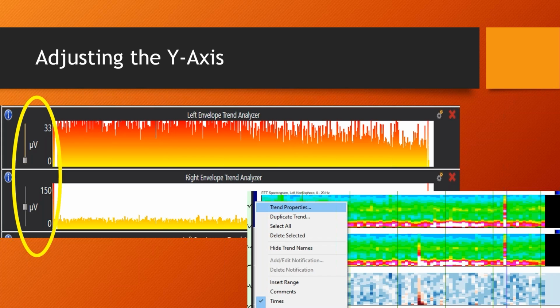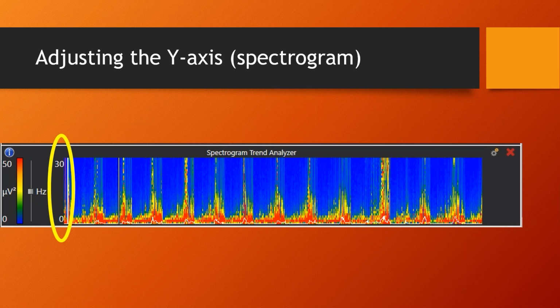In the persist trends, you can right-click in the middle of the screen, go to the trend properties, and adjust that y-axis there. And in the spectrogram, which I mentioned is the only one that's a 3D trend, because you have an x-axis, a y-axis, and a z-axis, that slider bar actually applies to the z-axis.